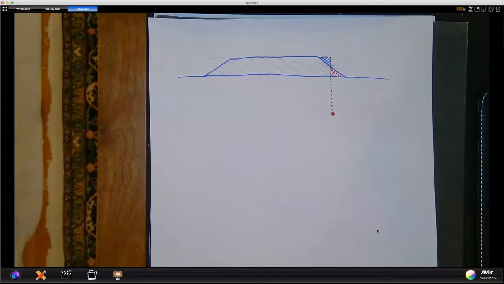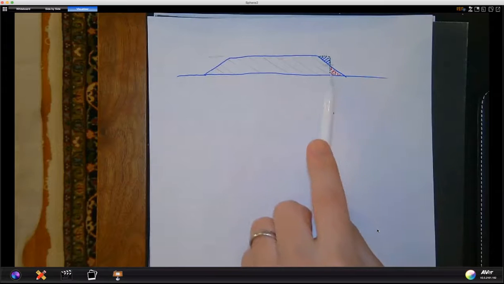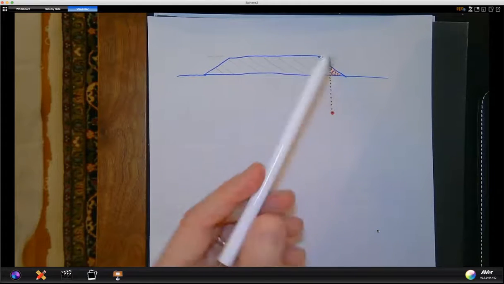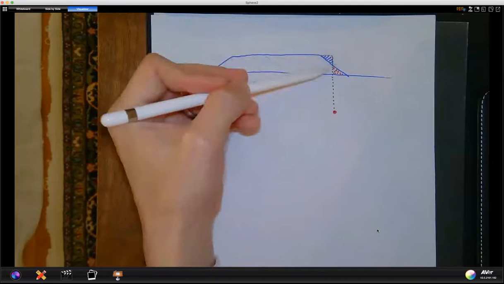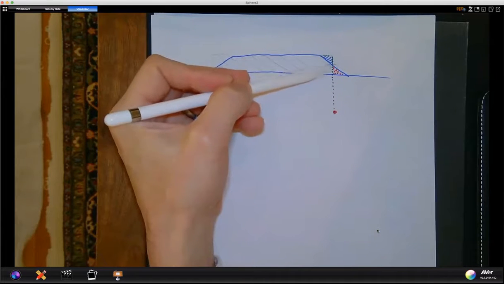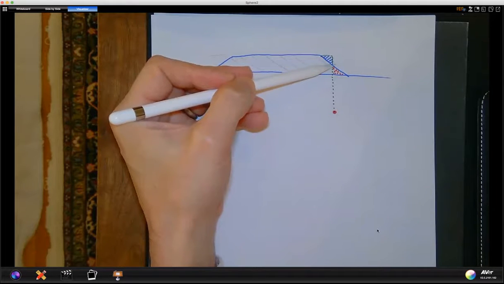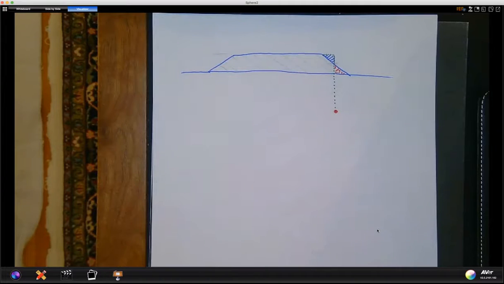If you get into these little subshapes off here on the slope, where it's not full height of embankment, an important aspect is that you actually shorten your H to be just this high when calculating that Q.